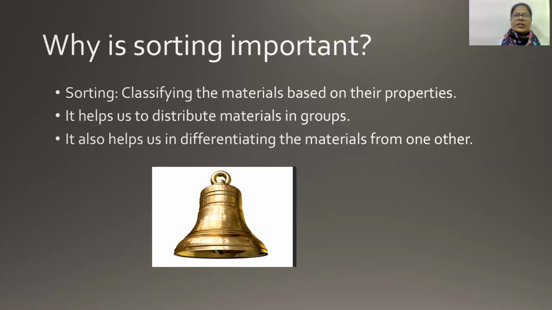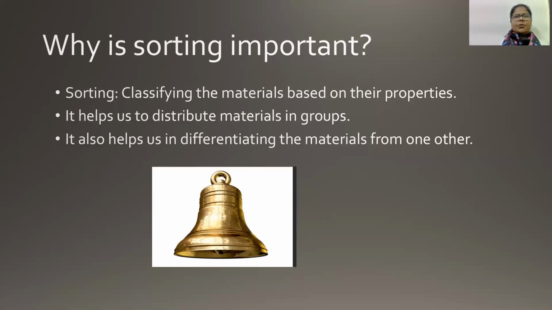Second was the cloth, which will also not produce any sound on hitting. So for sure, you will choose metal for making the bell, as metals produce sound on hitting. And this property of producing sound on hitting of metals is termed as sonority.